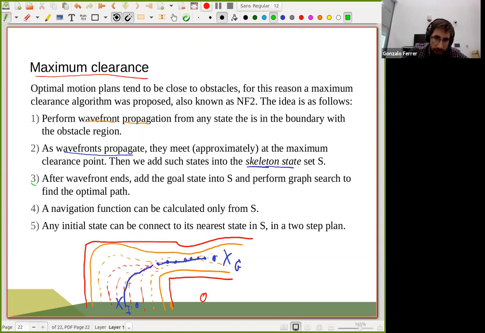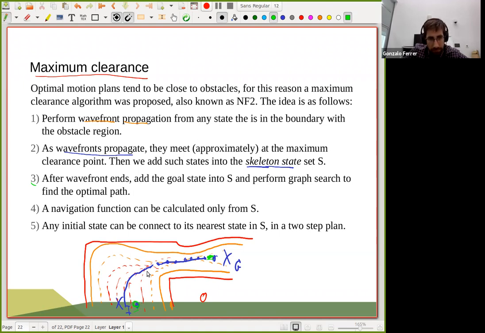So the goal, let's say that we add it here, it's a little different. Because this is a navigation function, we'll have an initial state, but maybe we don't have an initial state. So it should be from anywhere to anywhere, right? So here we are just starting. And now imagine that we start here at this position.